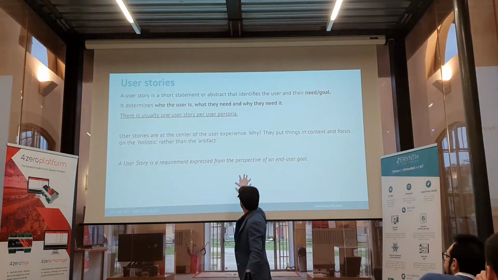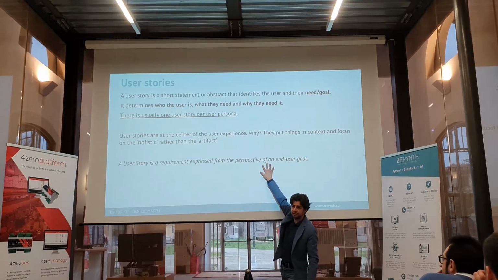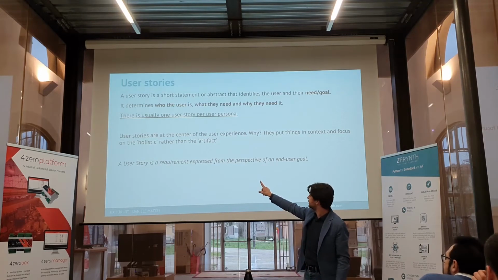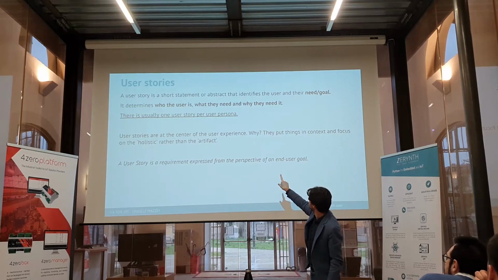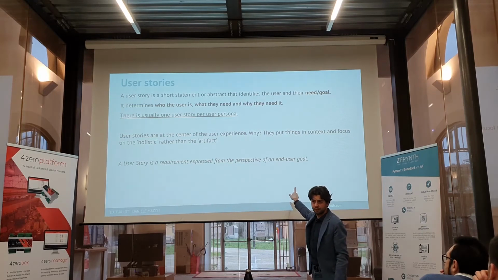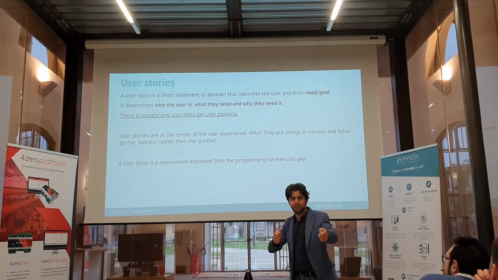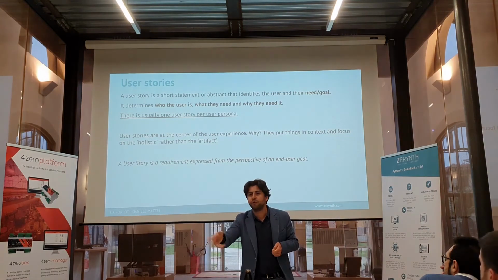Very important for computer scientists. A user story is a requirement expressed from the perspective of an end user goal. In other words, you define the software features from the personas.